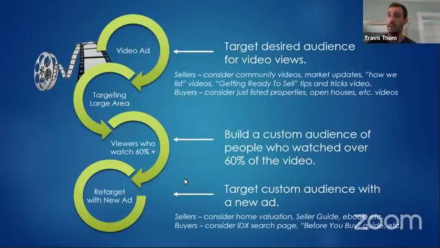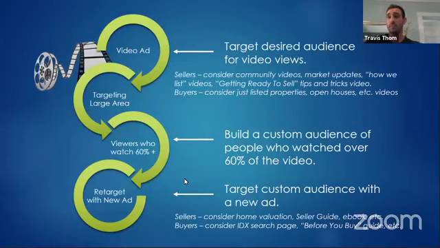Video is huge right now. Facebook is loving video. You're going to be running a video campaign to a large target audience, to a large market. It needs to be specific, either falling under some sort of buyer category or seller category, and then your targeting is relevant to the audience.